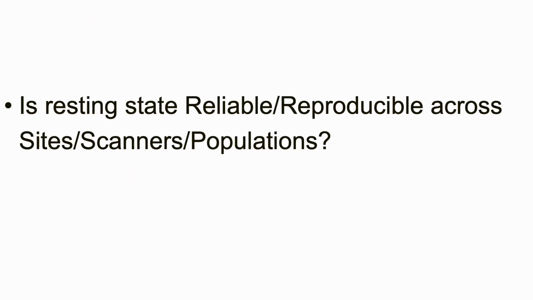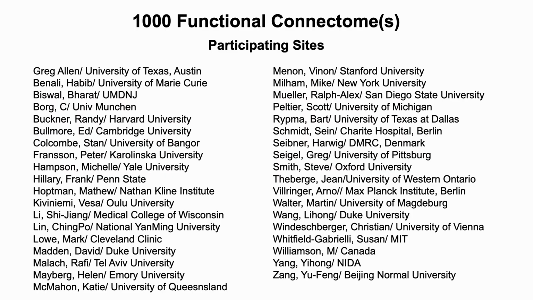So what we did was, we asked every group who had published by that time, which is 2009, on resting state, if they could share their data. Most groups politely declined, but these are the 33 groups who shared their data with us.